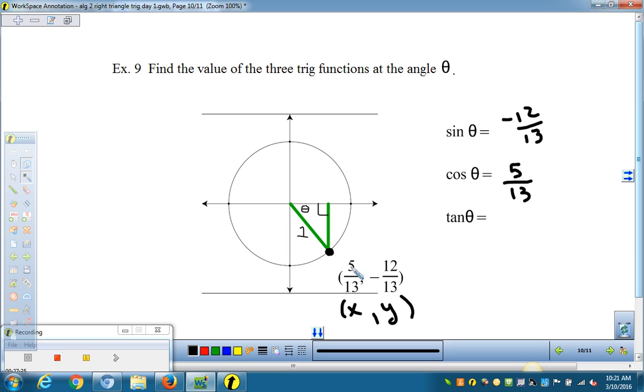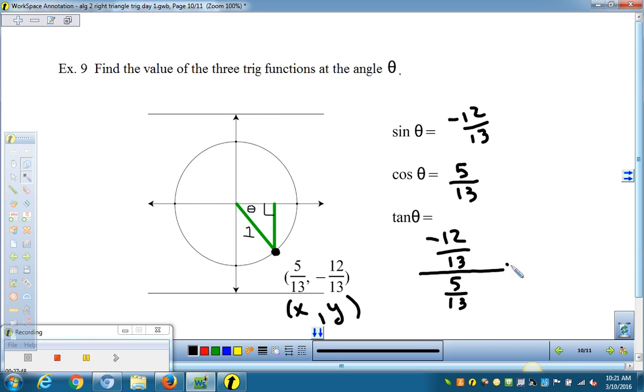Tangent theta, we put the y over the x, so it will be negative 12 over 13 over 5 over 13. And that is the same as negative 12 over 13 times what? 13 over 5. The 13s cancel, and we're left with? Negative 12. Yep. We can leave it like that.